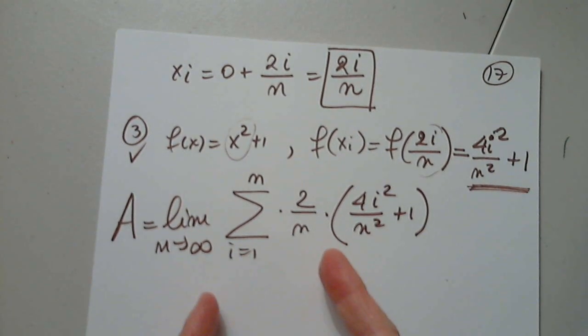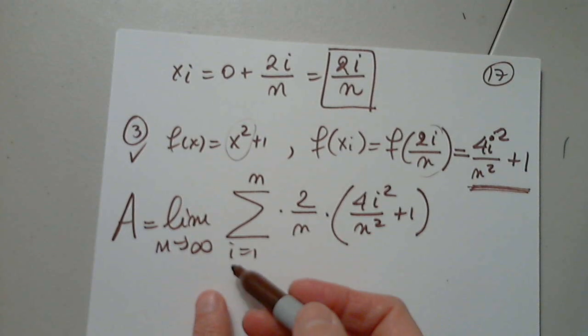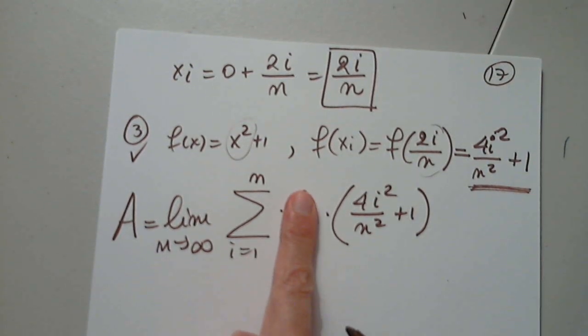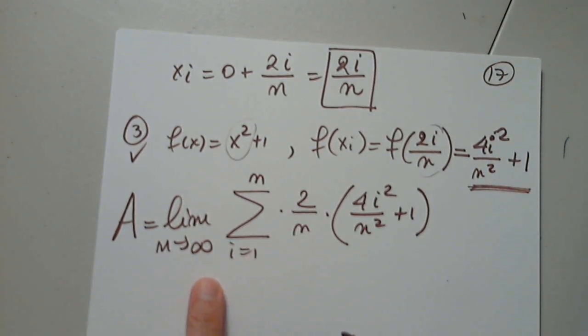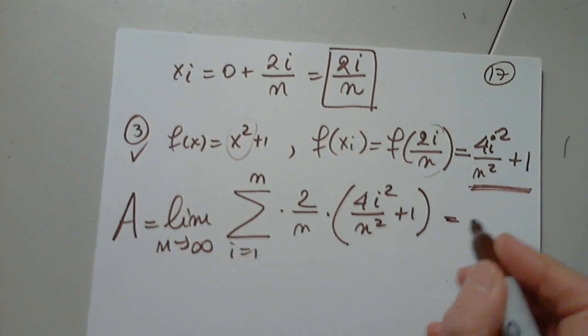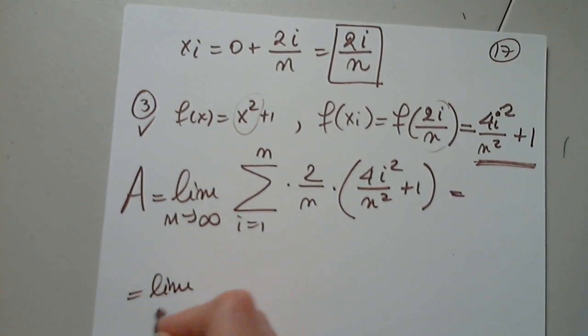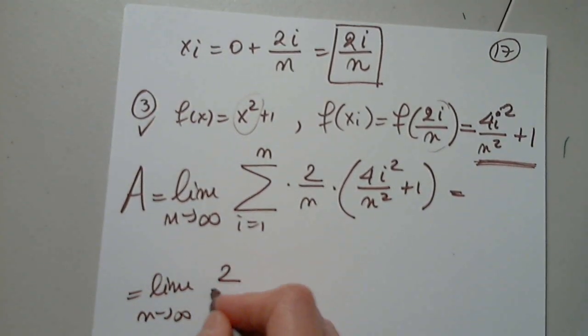We talked about the summation notation. If this is a constant, it does not depend on I. It doesn't change ever. It will be put in front. Limit n approaches infinity 2 over n.